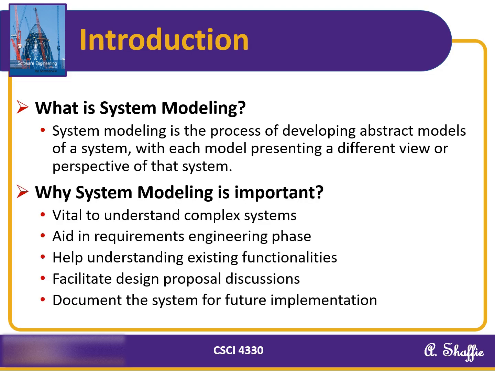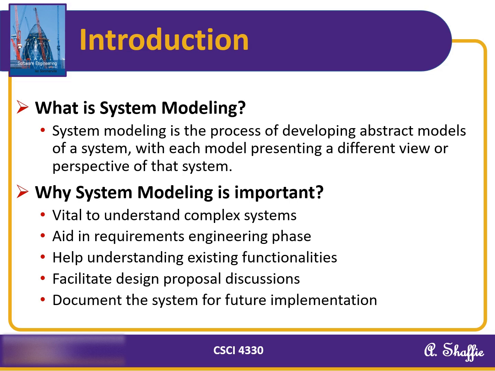Our second question: why do we need system modeling, or why is it important? The answer lies in the necessity to understand complex systems, whether they are existing or not yet developed.